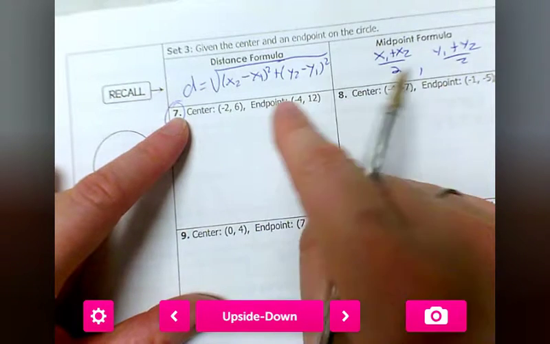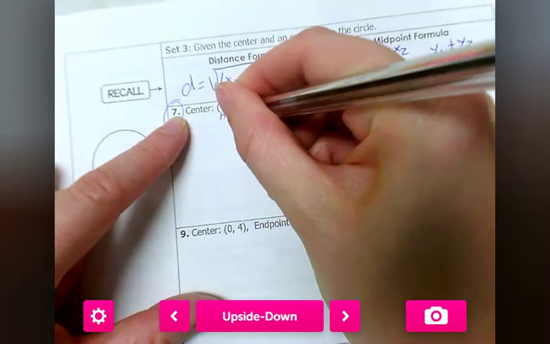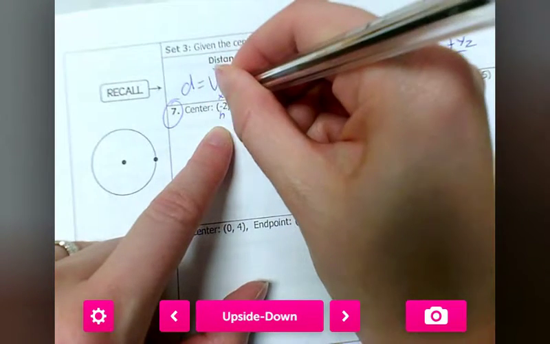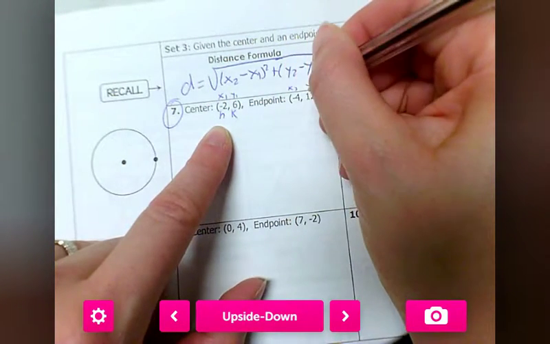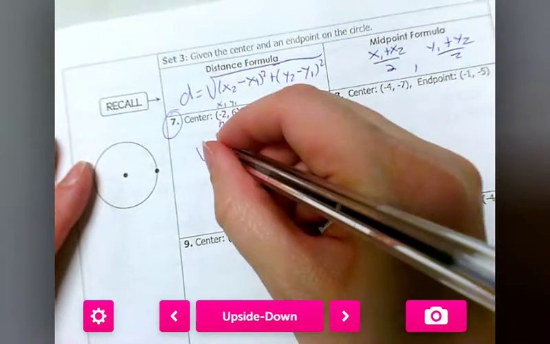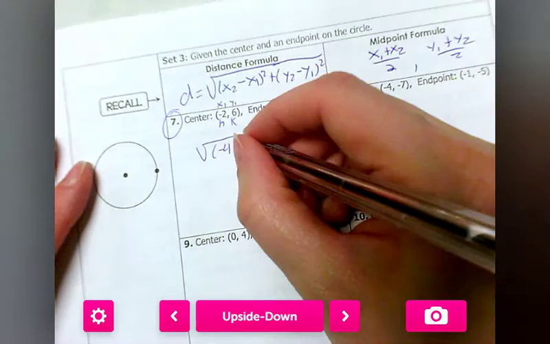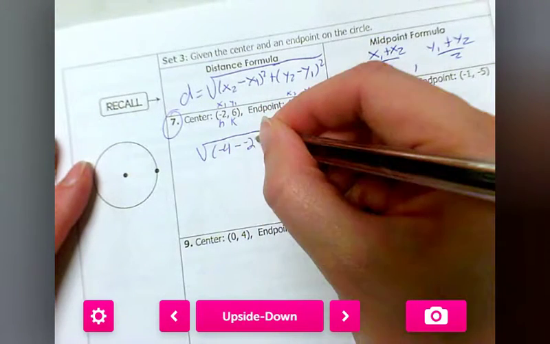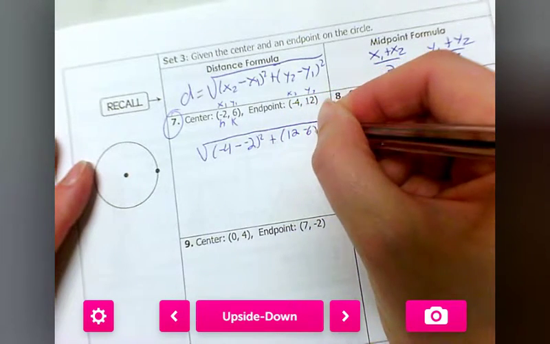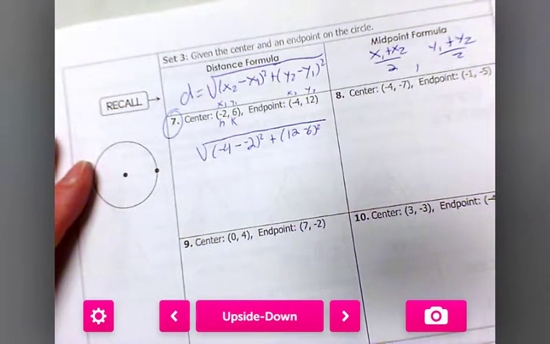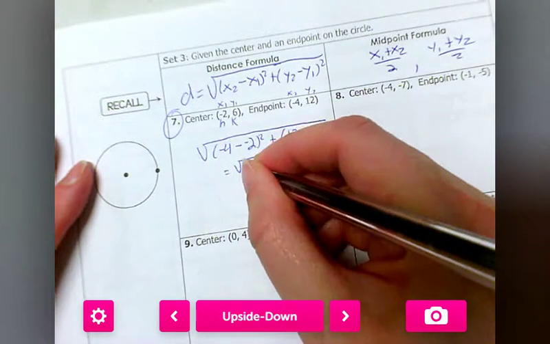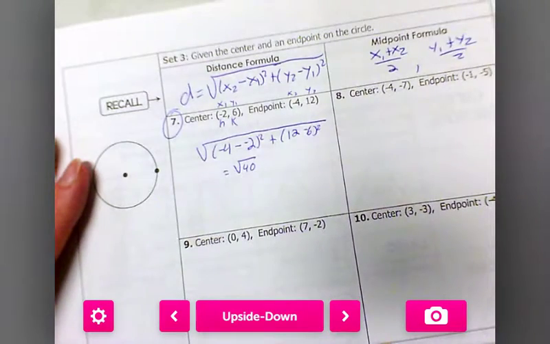Well, I'm given the center, that's my H and K, but I don't have the radius. So I'm going to label this x1, y1, x2, y2, and I'm just going to find my distance. So I'm going to say negative 4 minus a negative 2 squared plus 12 minus 6 squared. Okay, that's going to give me the square root of 40. I just stuck that in my calculator exactly like this.